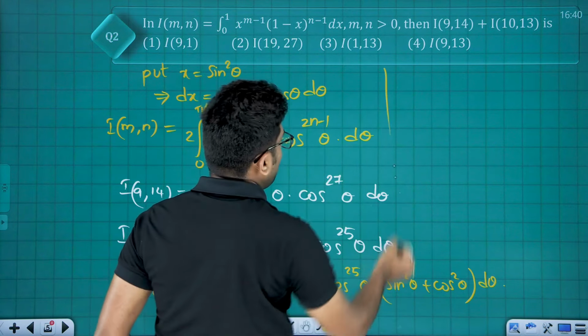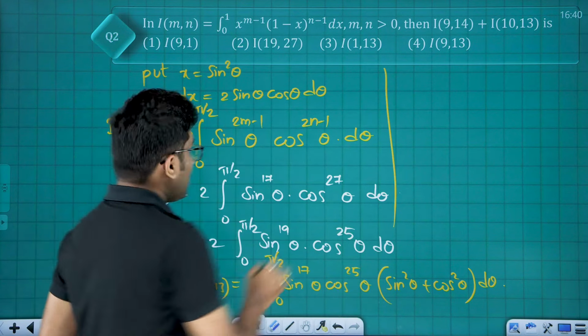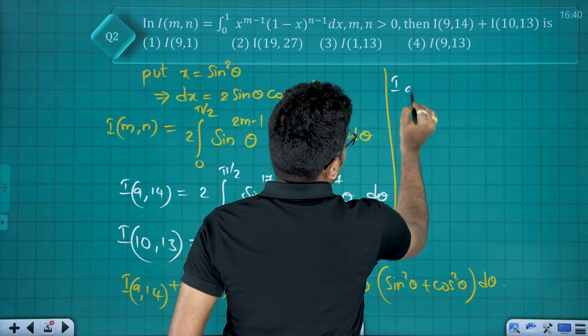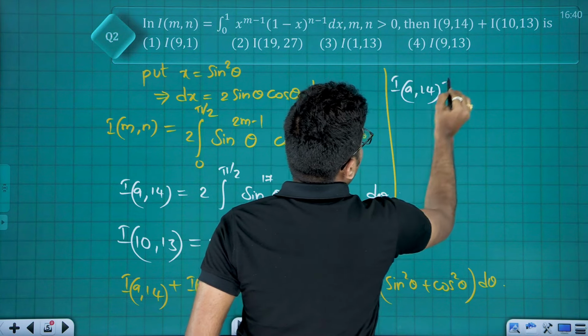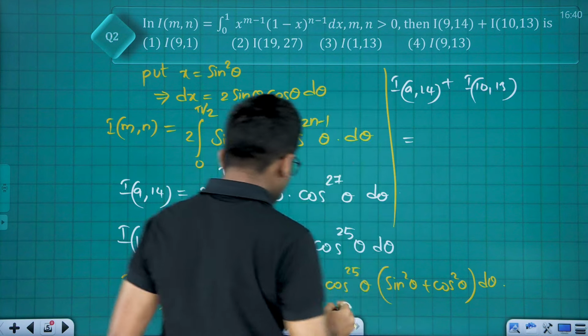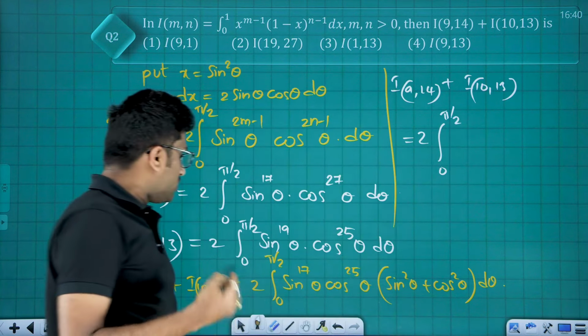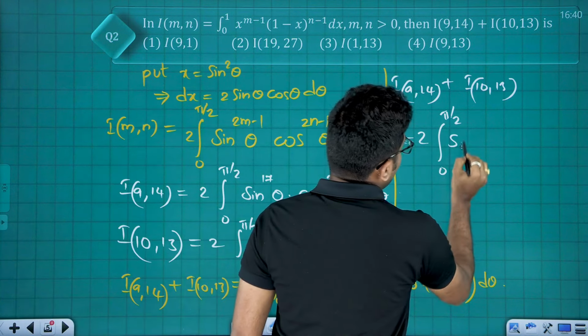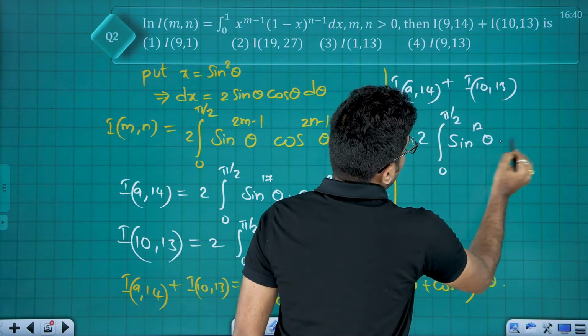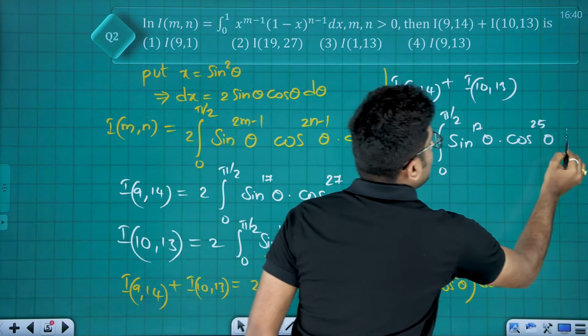So clearly, the sum of these two, I 9 comma 14 plus I 10 comma 13, is equal to twice 0 to pi by 2 sine power 17 theta into cos power 25 theta d theta.